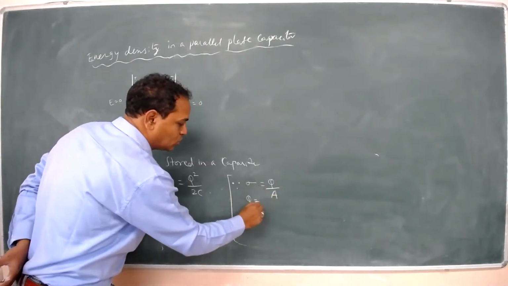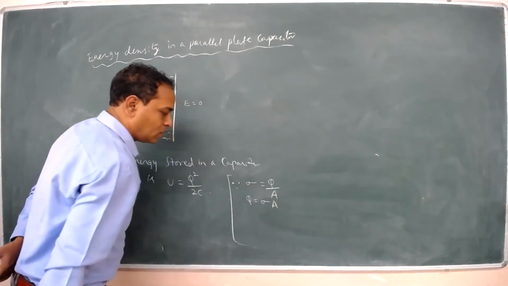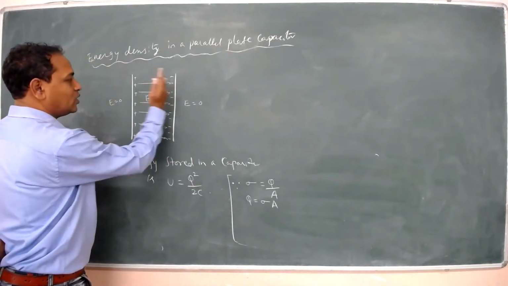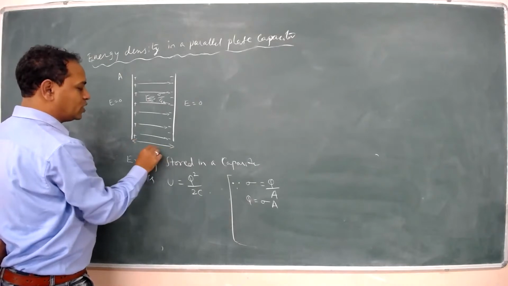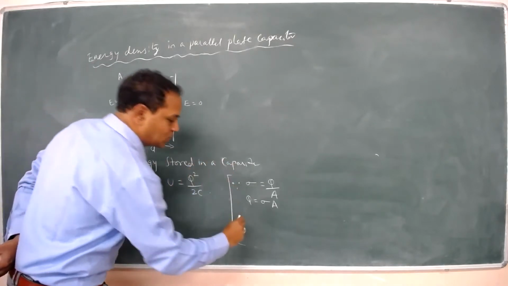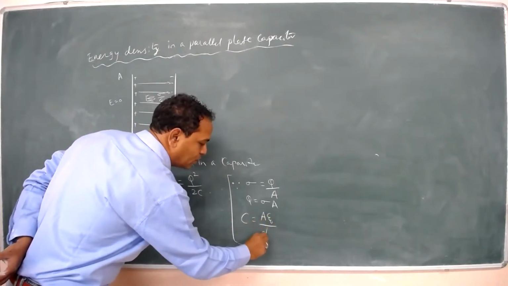Therefore, charge Q is equal to sigma into A. Also, say the area of the plate is A and the distance between the two plates is D, then the capacitance of the parallel plate capacitor is C equal to A epsilon naught by D.